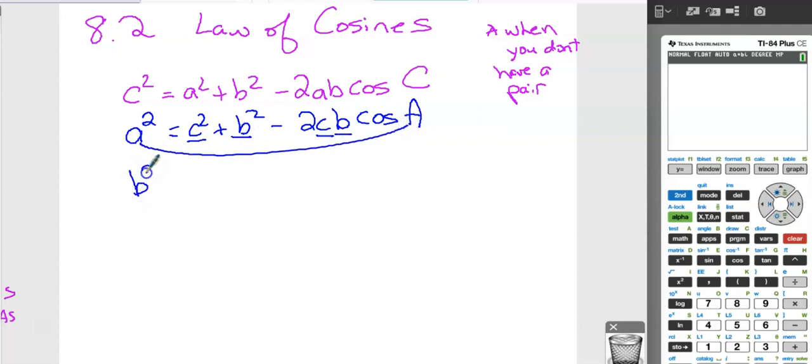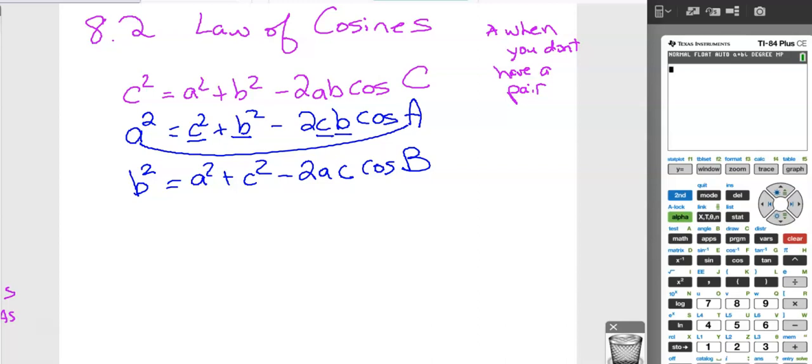You can also do b squared equals a squared plus c squared minus 2ac cosine of b. So make sure you know one formula, and the others are the same idea. Don't concentrate on memorizing 3 formulas. Just know the pattern.